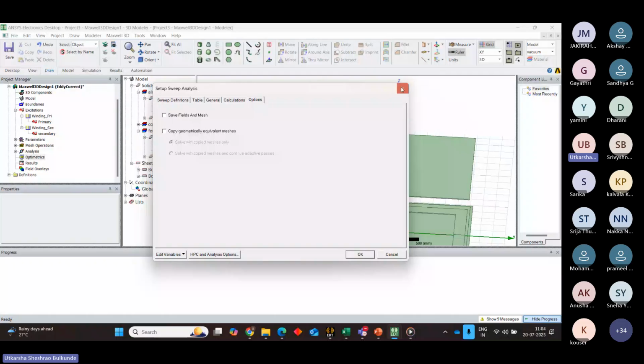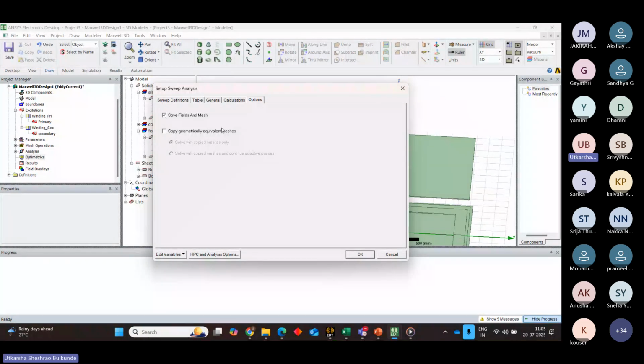So yesterday, when we were animating our field, that day we have seen that you are getting it for one air gap only. So for getting it for all sweeps, you have to select this option, save field and mesh.